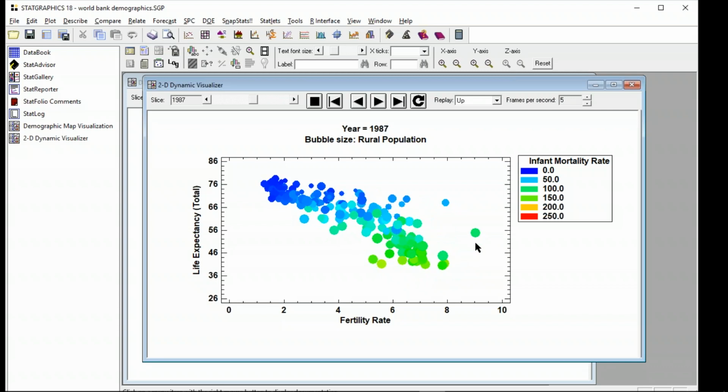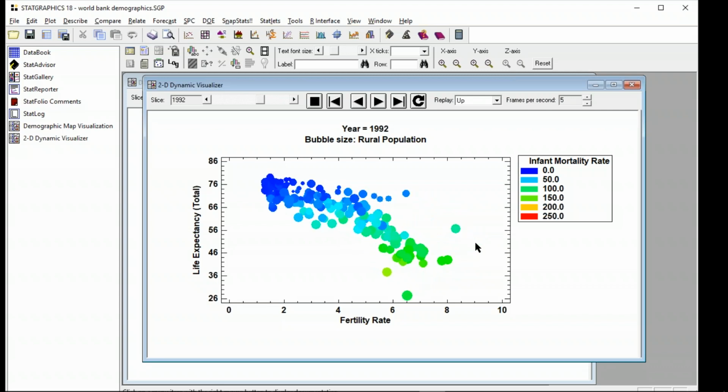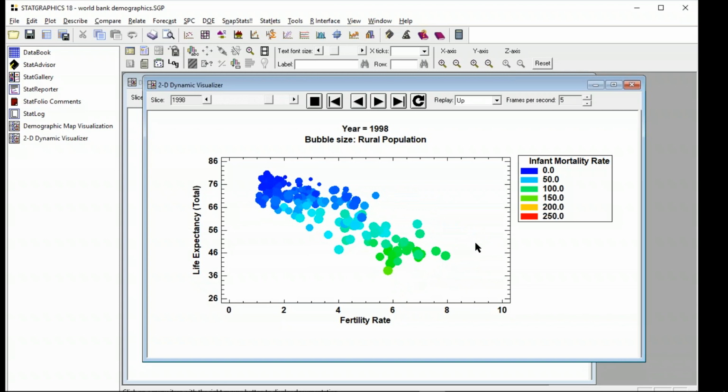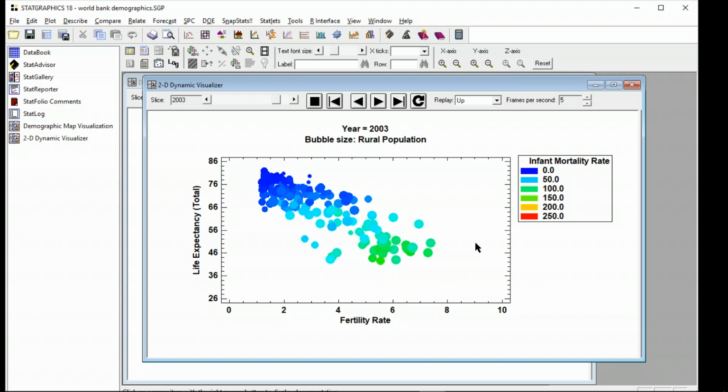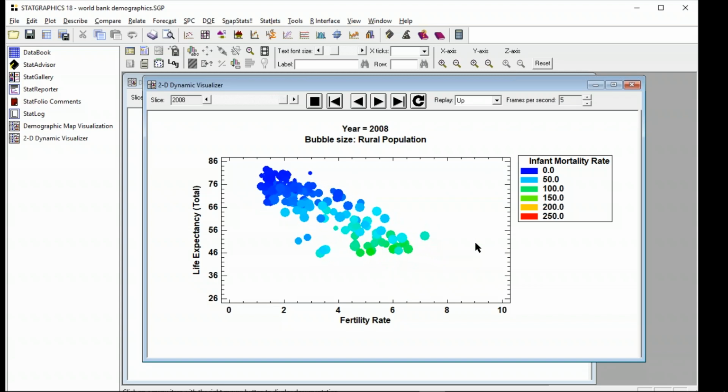For a while, the fertility rate in Yemen was getting higher and higher. But then eventually, toward the end, it moves in the same direction as all the other countries. Very interesting plot that you can see for the world demographics.